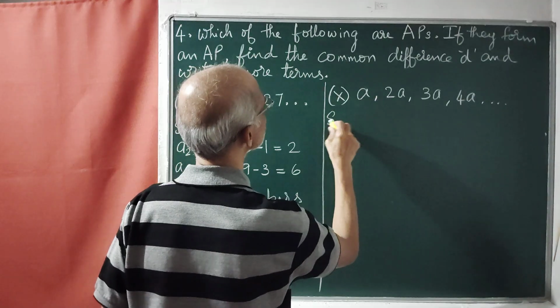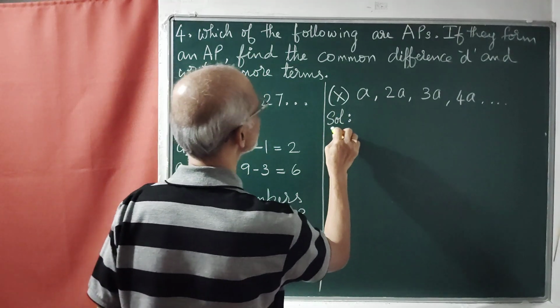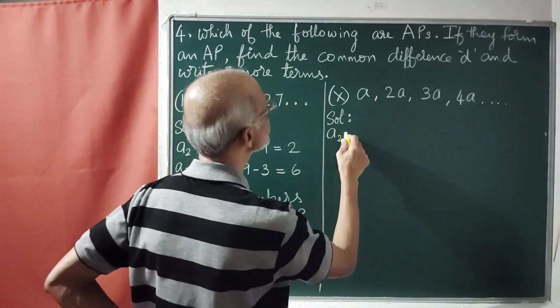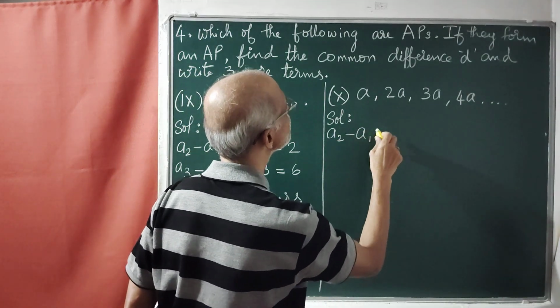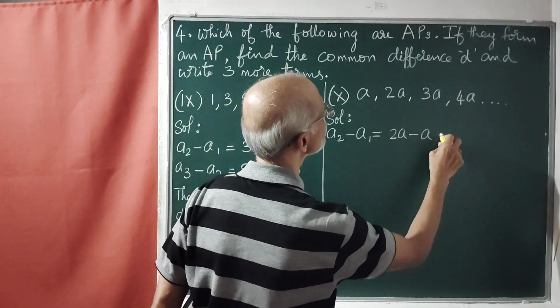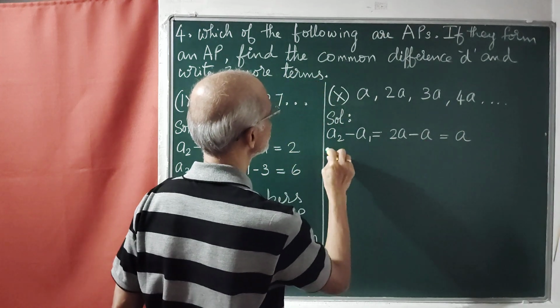So now we'll try to see what is the difference between them. A2 minus A1. That is 2A minus A. We get 2A minus A is A.